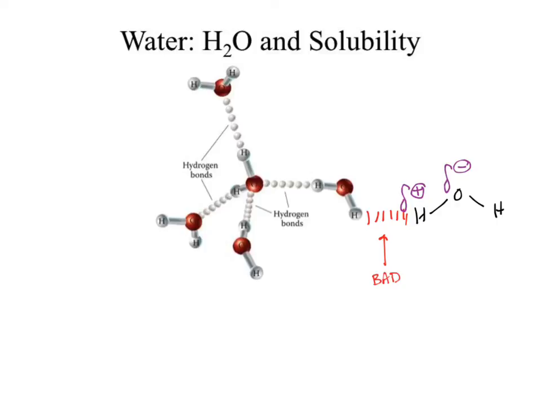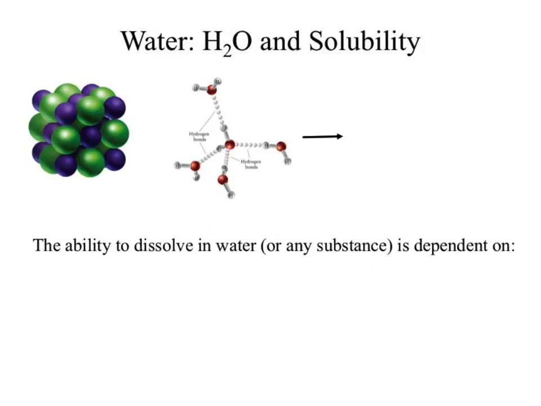If we're going to look at solubility, something dissolving in water, what things are going to contribute to it dissolving in water? How can I get, say, salt to dissolve in water? What does salt have? It has sodium ions and it has chloride ions. Those chloride ions are what charge? -1.